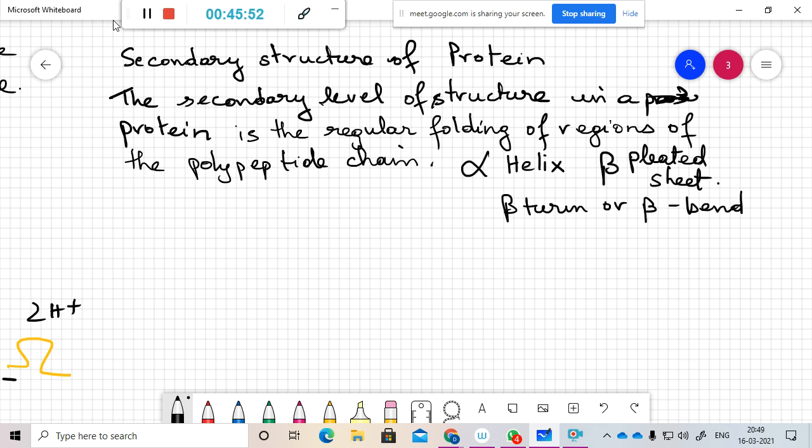Basically, the responsible factor is the presence of hydrogen bonds.